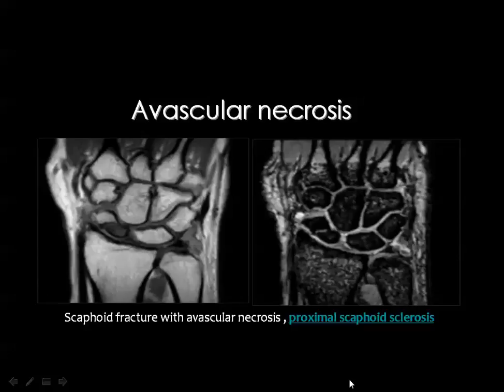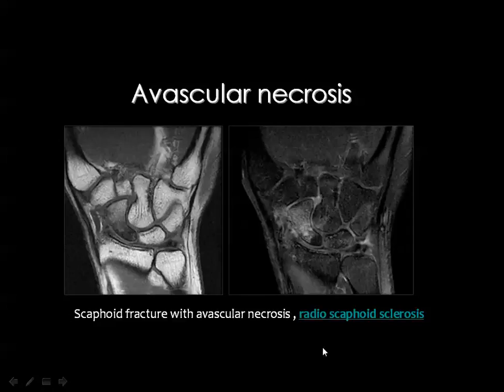This means that there is avascular necrosis of the proximal bone. And there are some suggestions that if you inject contrast media and there is some enhancement in this apparently necrotic bone, you may consider residual viability.